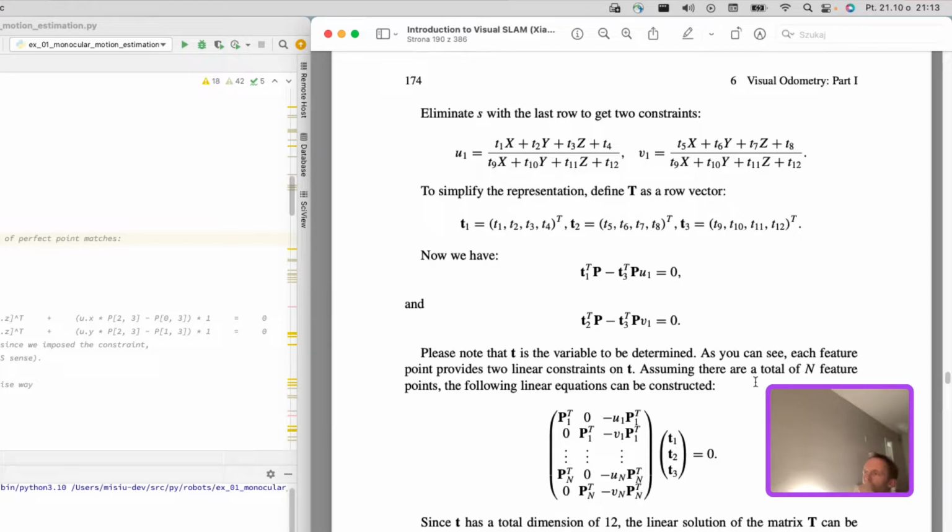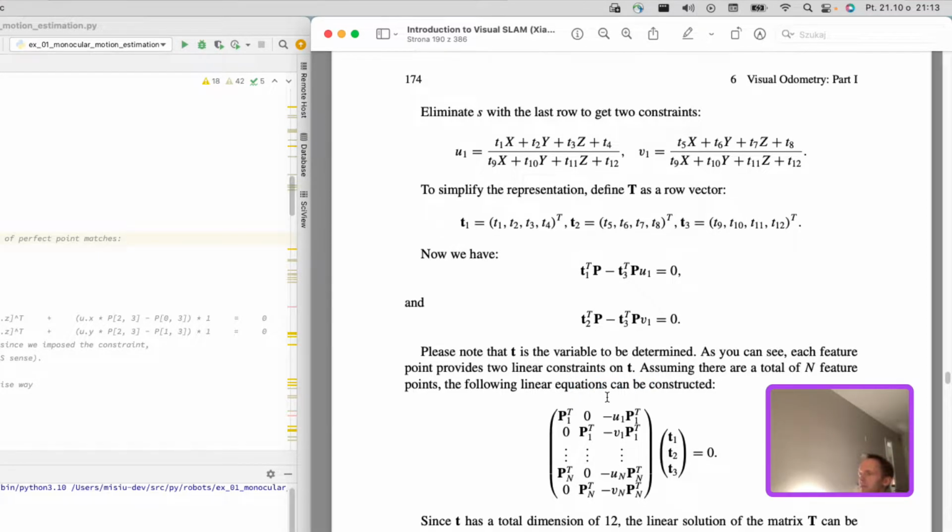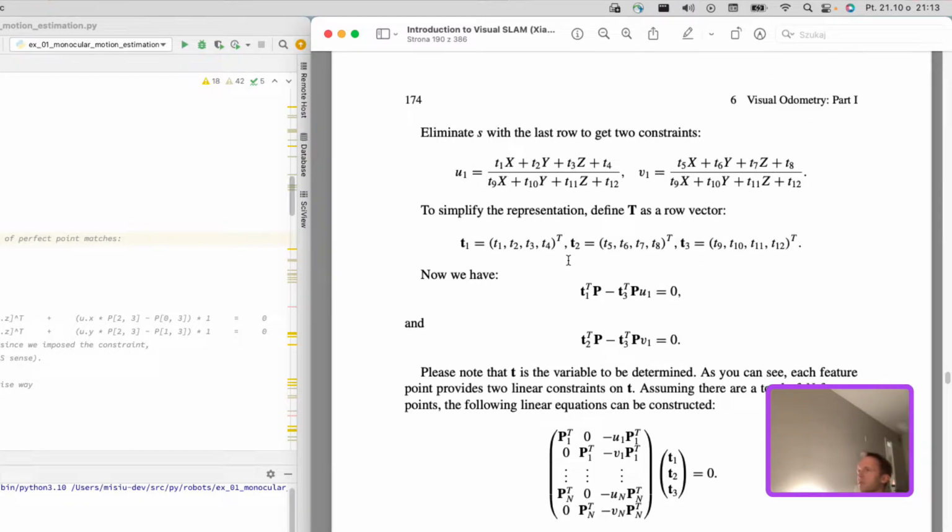So we can set up a system of linear equations. What is this notation?